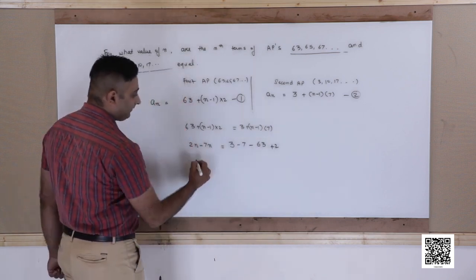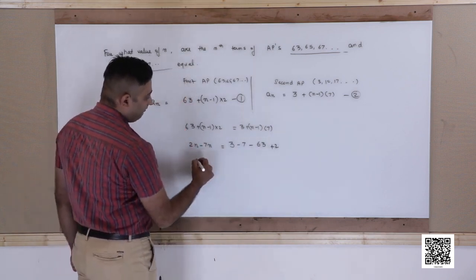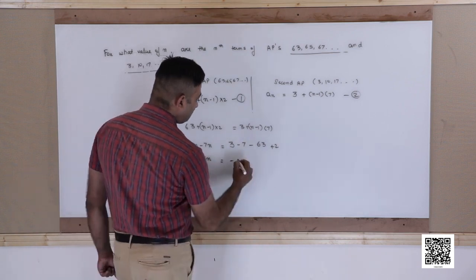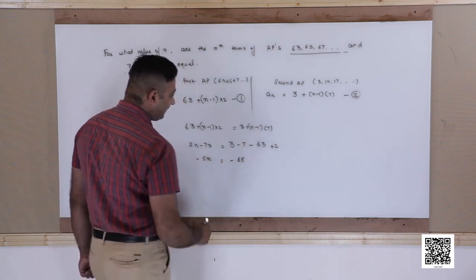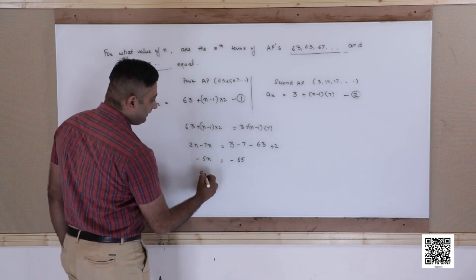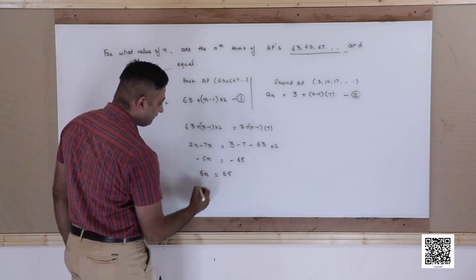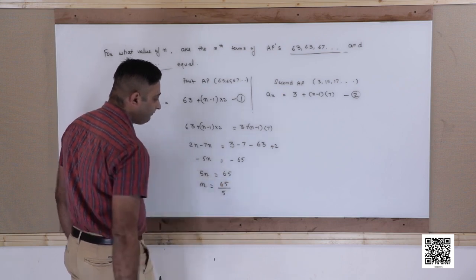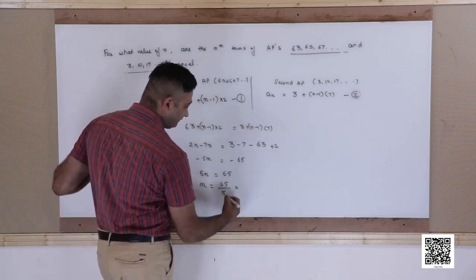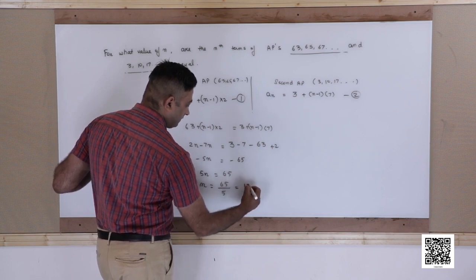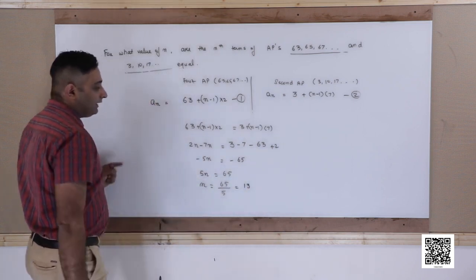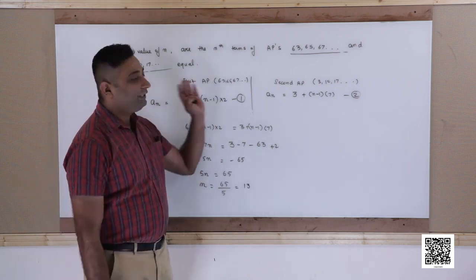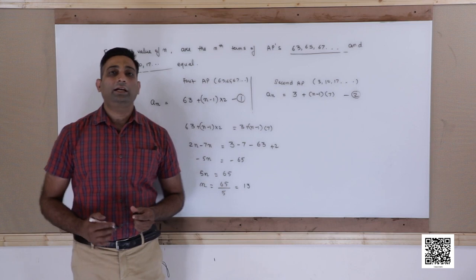So we will get minus 5n is equal to minus 65. That means 5n is equal to 65. That means n is equal to 65 divided by 5, which is equal to 13. So that means for n equal to 13, the nth term of these two APs are equal.